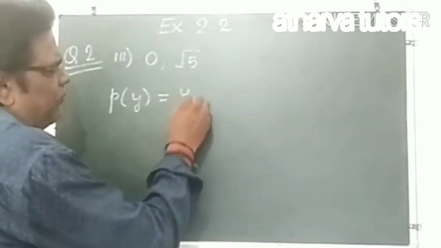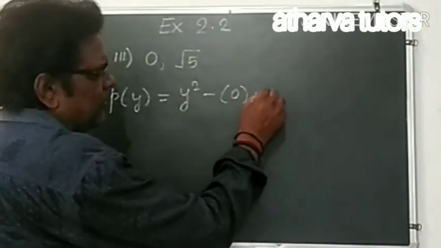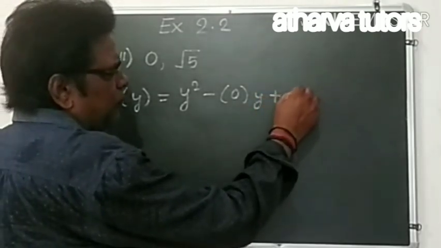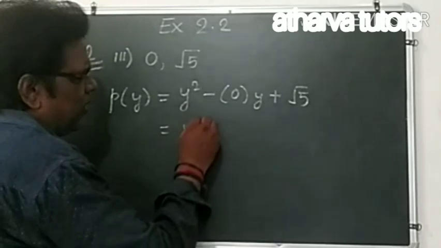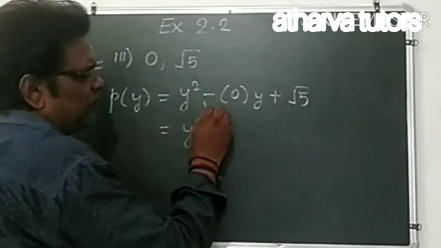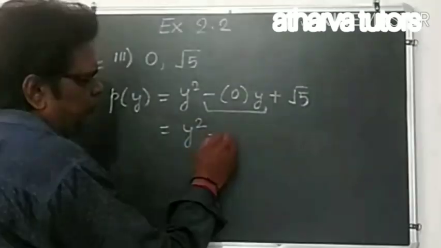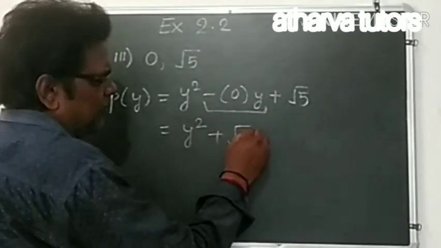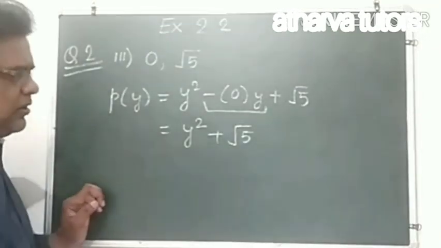So it will become y square minus sum of zeros into y plus product of zeros, that is root 5. The middle term means nothing, so y square plus root 5 will be your quadratic polynomial.